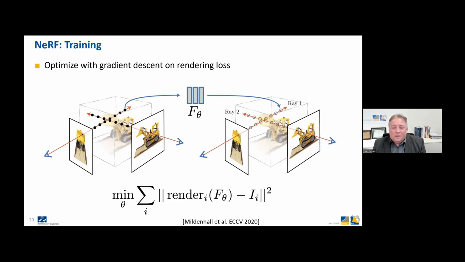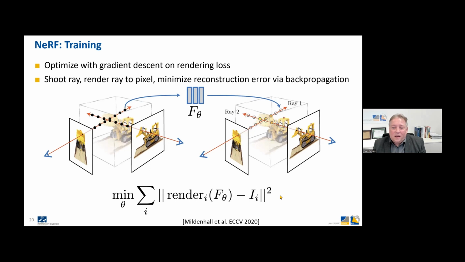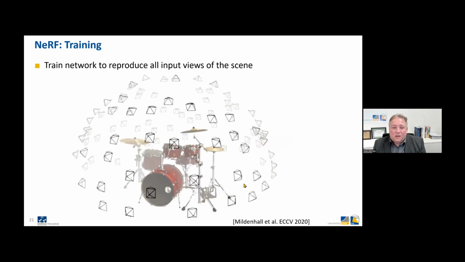And now we can formulate a loss. This loss essentially says we want to reproduce the pictures that we have taken from our object of interest. So we simply have here a reconstruction error, and this reconstruction error now is backpropagated through this network so that this network can adapt its parameters such that the rendered images are as the ones that have been captured.